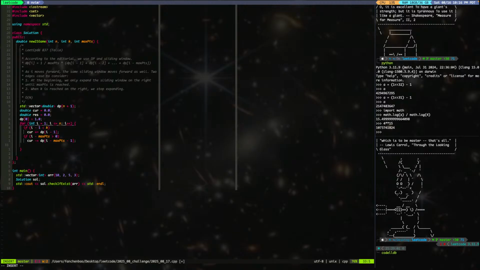Once it's done, current is just a sliding window, right? This is a sliding window.